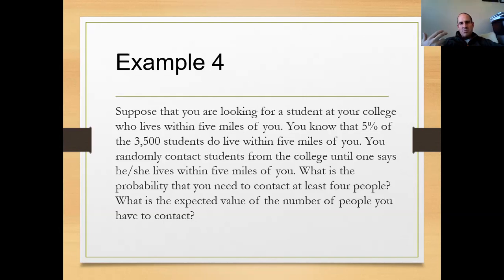Does that make sense? I could have to make 37,000 calls because I might keep calling the same student over and over again, or the same few students. Okay, so this does have the geometric distribution, but the weird thing is I could potentially call any positive integer number of students.